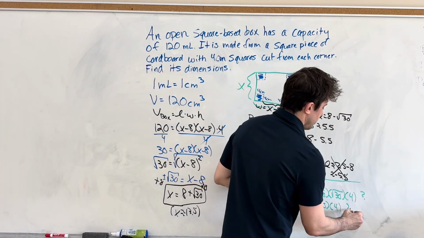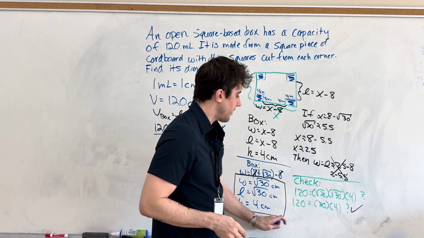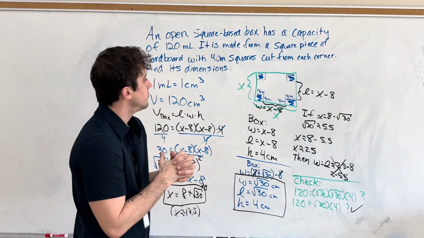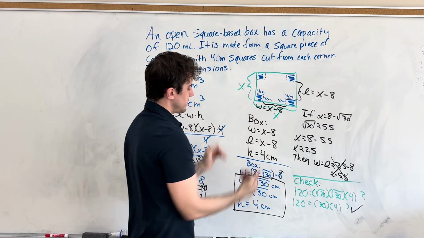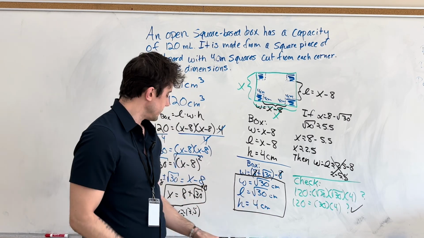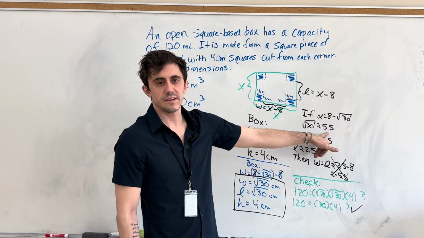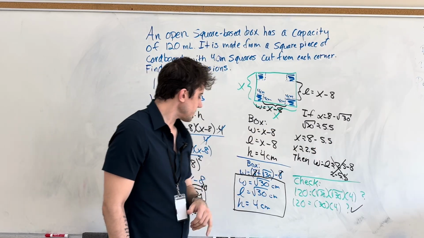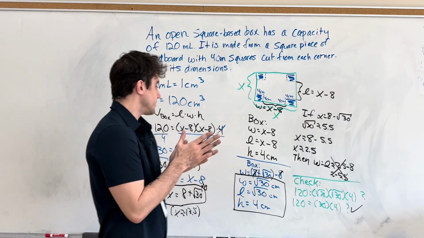Absolutely it is. And so we verified that our dimensions are in fact correct. And so our box is, as a result of cutting all 4 corners and folding out the sides, we get a width and a length of square root of 30, again, roughly 5.5 centimeters. And we get a height of 4 centimeters.